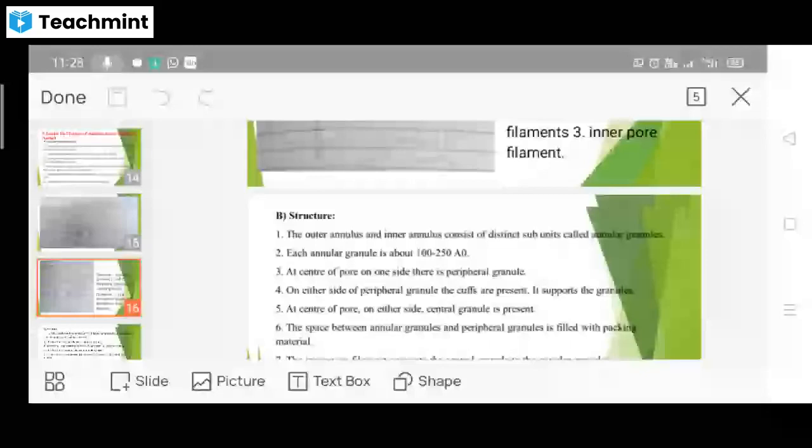It is made up of the peripheral and central granules, curves are also there, and for supporting this the filaments are there: inner pore filament, then equatorial filament and axial filament.